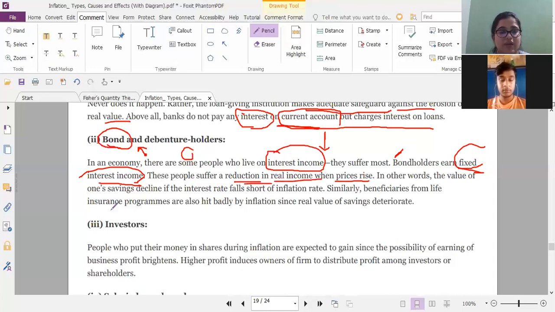In other words, the value of one's savings declines if the interest rate falls short of the inflation rate. Similarly, those holding life insurance programs are also hit badly by inflation since the real value of savings deteriorates, right?